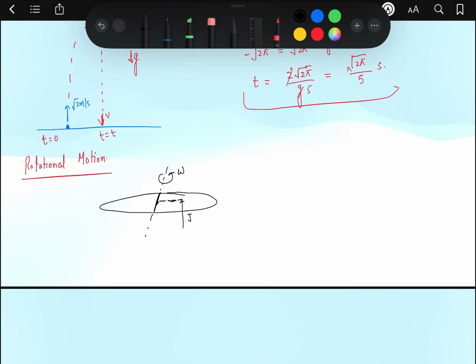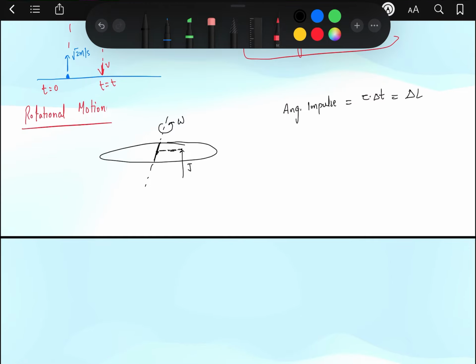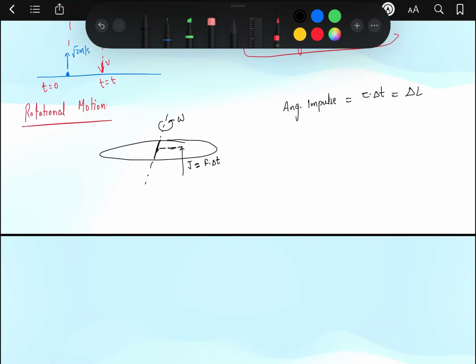Okay. Now the angular impulse is equal to the torque for a small interval of time, which is equal to the change in angular momentum of the object. Here the torque, with j written as f dt from the previous equation, is the force for a small interval of time. What is the definition of torque?